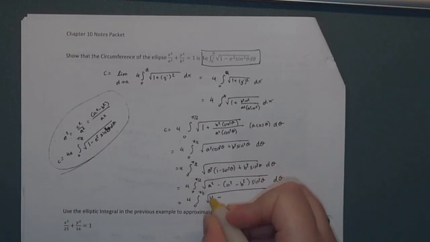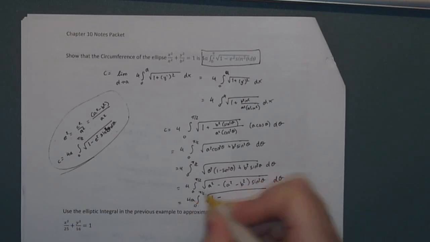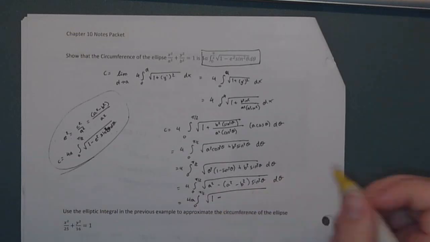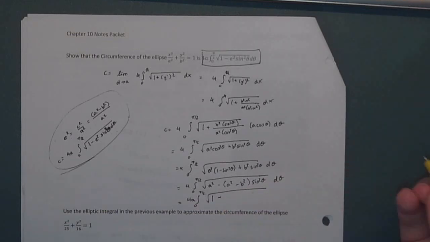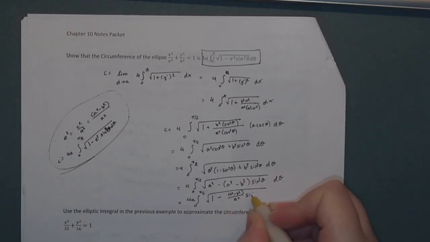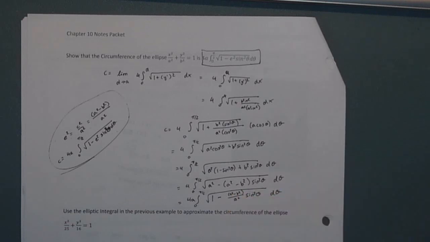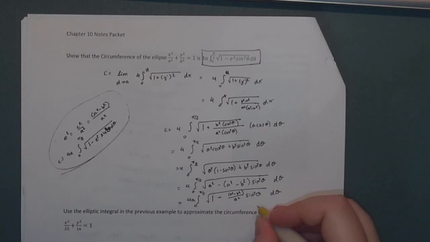First of all I get a 1 over a squared that I can pull out of my root, which just leaves me with an a. And over here I have a squared minus b squared over a squared times sine squared theta, which a squared minus b squared over a squared turns into e squared.